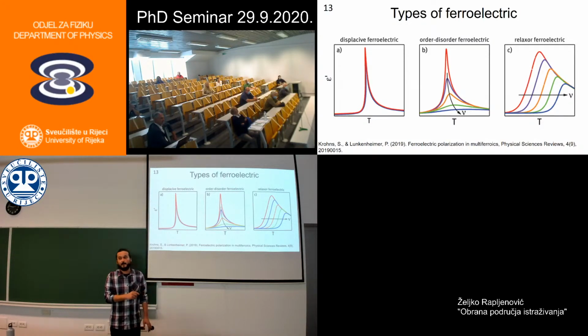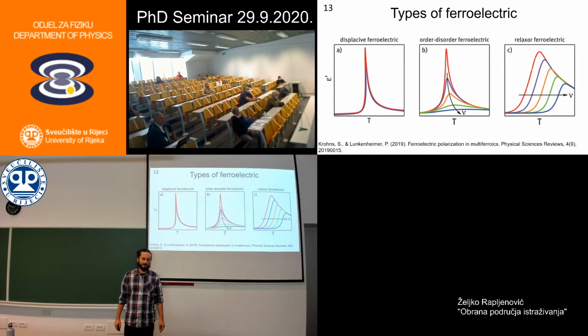If you have a displacive ferroelectric, which goes from a high symmetry structure to a low symmetry structure, there is a structural phase transition where the dipoles are created and immediately ordered, while in the order-disorder type we already have permanent dipoles existing in the high temperature range, and in the low temperature range they order to a ferroelectric state. And we see the difference between these two curves is the dispersion of the dielectric peak.